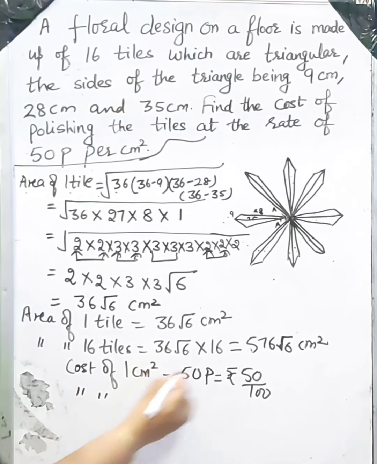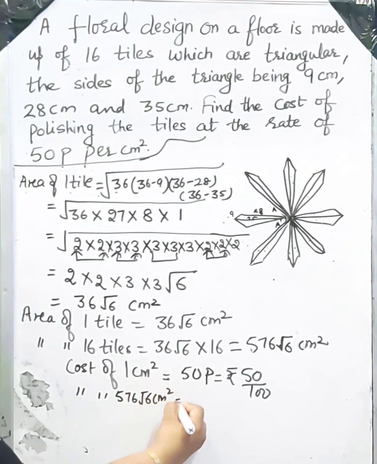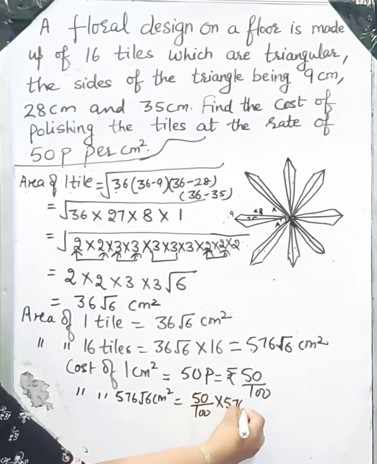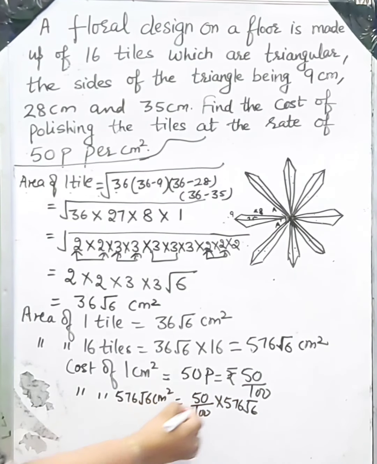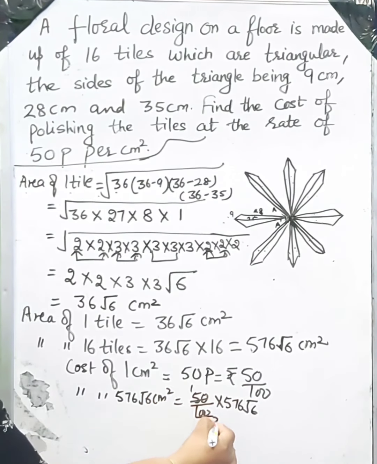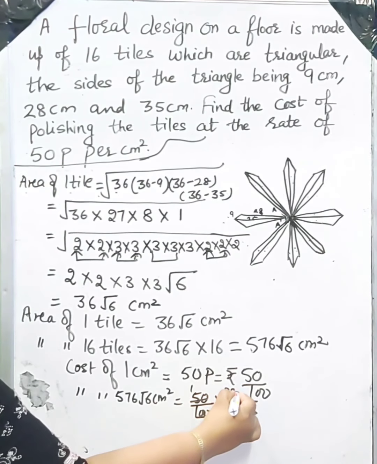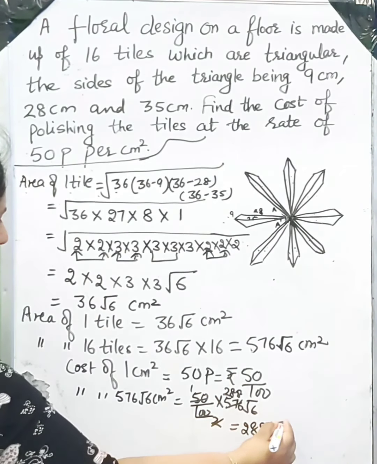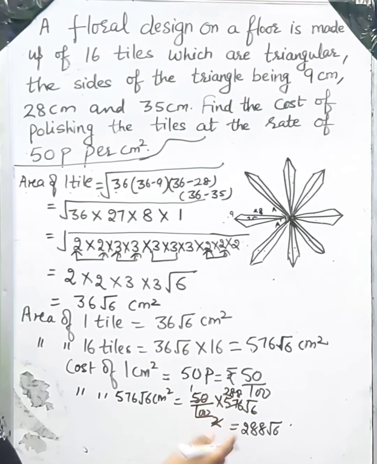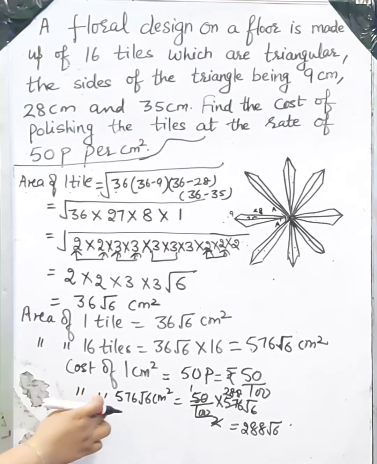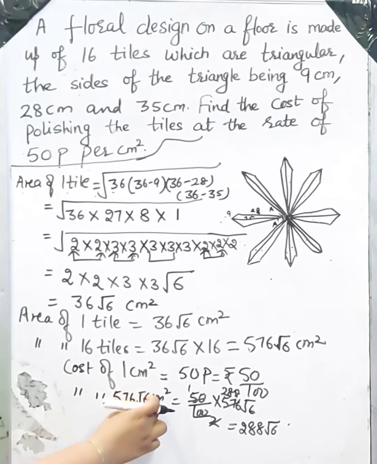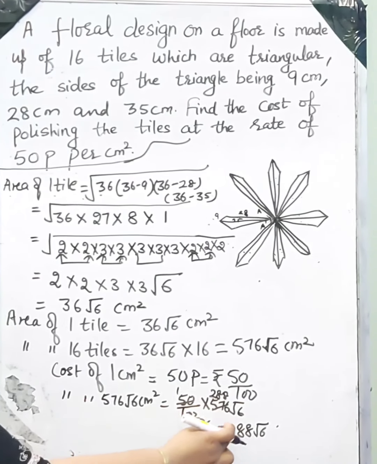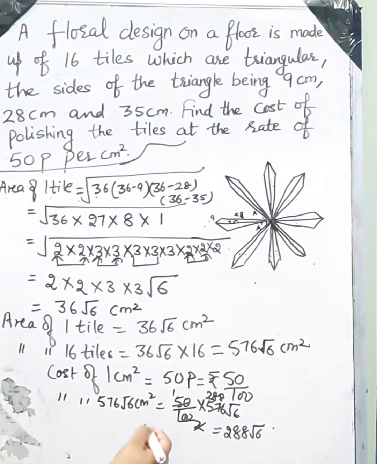Therefore cost of 576 under root 6 centimeter square equal to 50 by 100 into 576 under root 6, which equals 288 root 6 rupees.